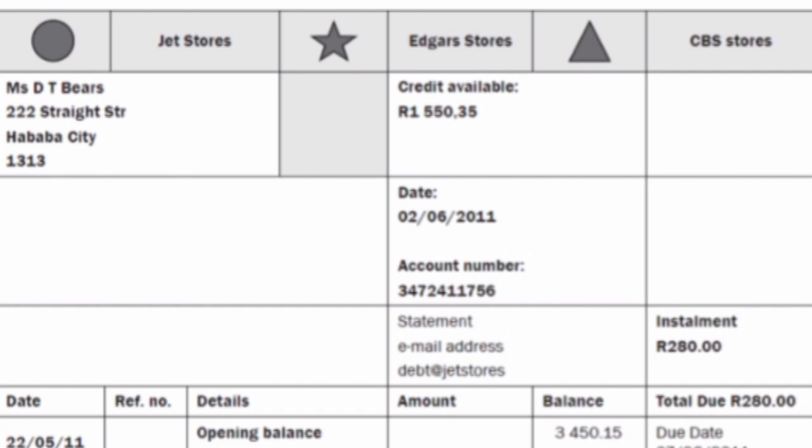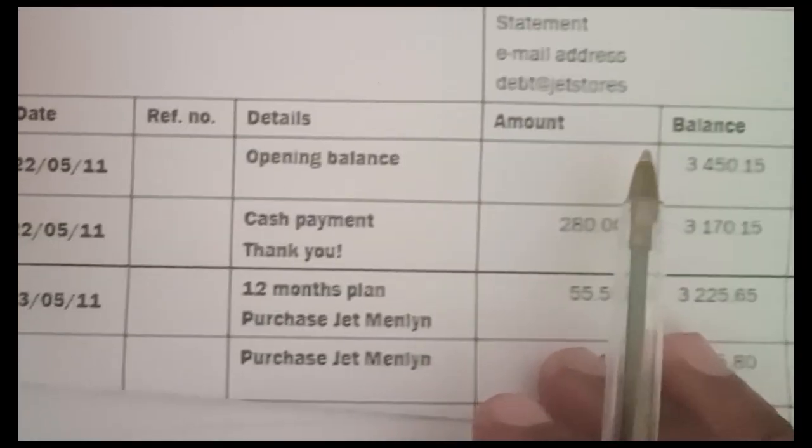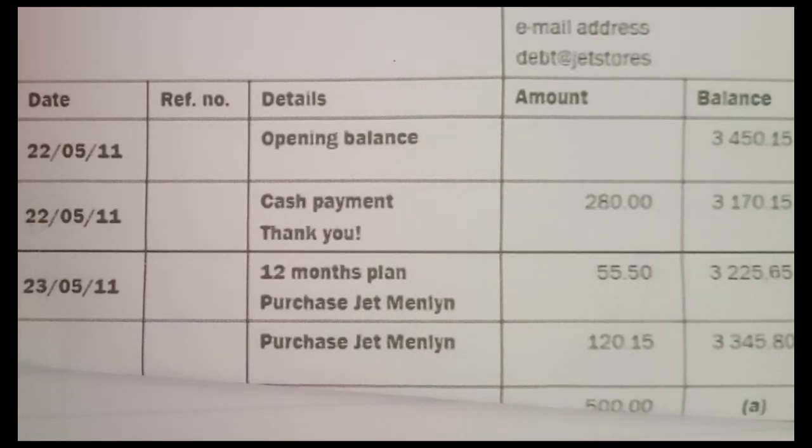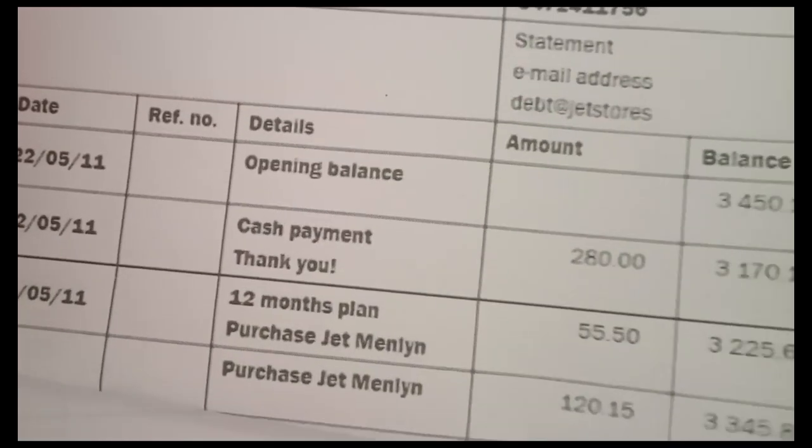We have the address, the credit available, the date, the account number, the email, and the installment amount there, and we will have a table. But what I want to tell you is to focus more on the table.